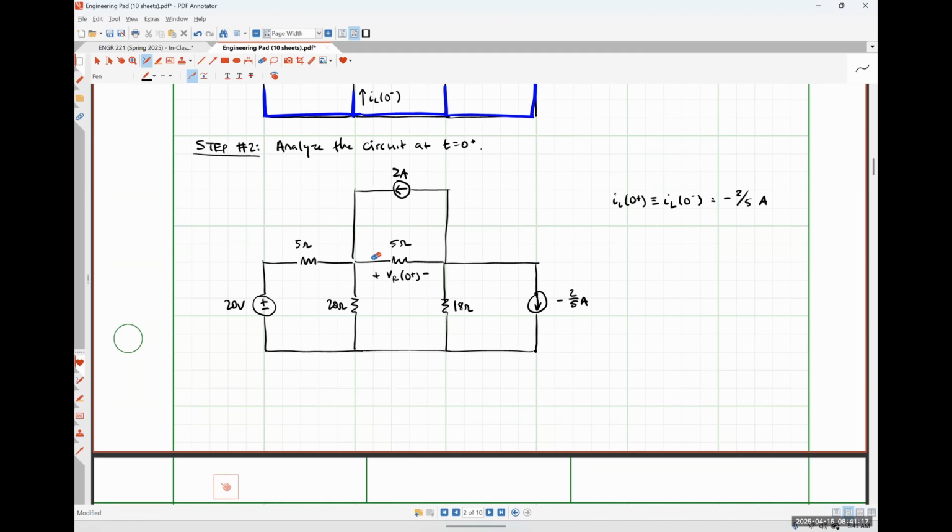Let's do nodal. So I'm going to call this voltage V1, this voltage V2, and put my ground down here.